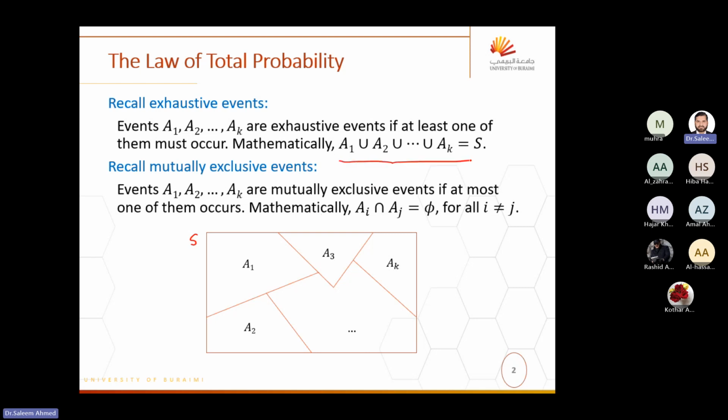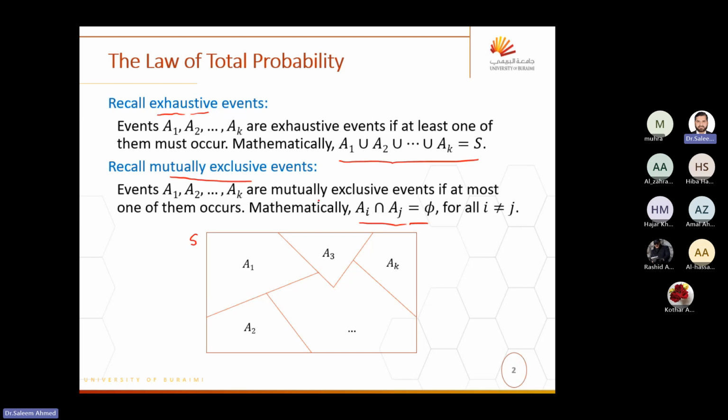So when the union of some events gives you the sample space, we call them exhaustive events. And if I pick any two events from here, their intersection is empty. If I pick A1 with A2, A1 with A3, A2 with A3, and so on, all of them have no points in common.